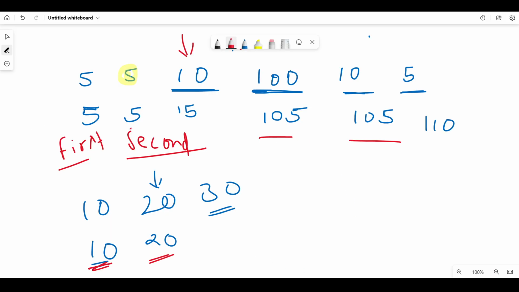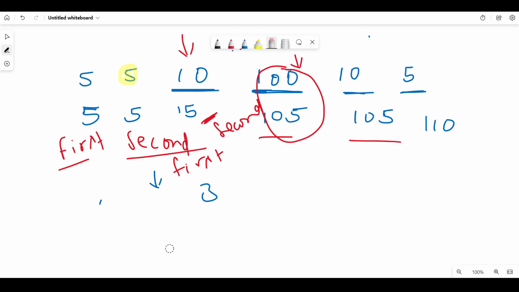Why? Because when I am calculating the value for this, I will make this second, and I will make the previous second first, for calculating the maximum looted money for the next house.